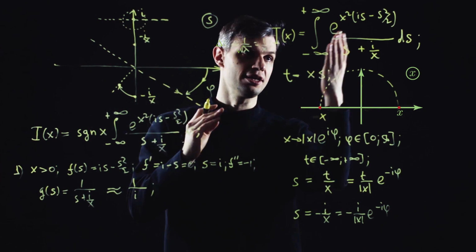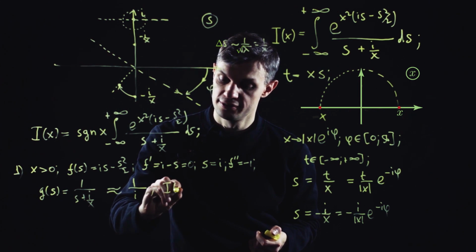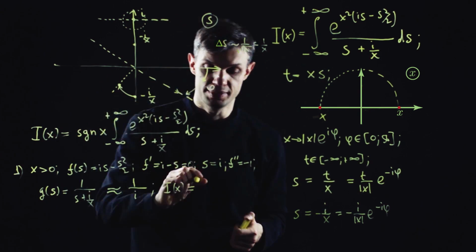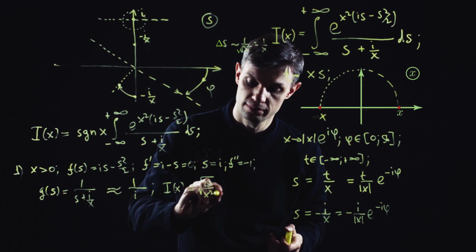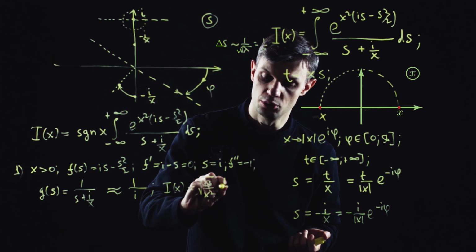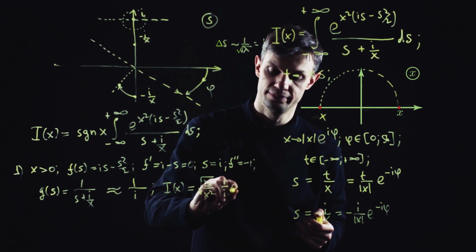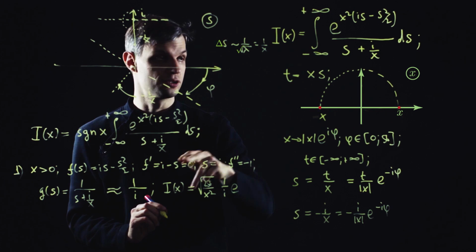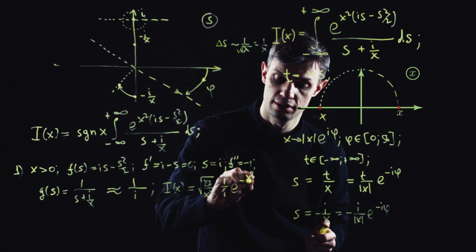And now the integral is again reduced to a standard Gaussian, and we can use the standard formula for the saddle point approximation, which is square root of 2 pi by lambda, and lambda is x squared, times the value of the pre-exponential function near the saddle, 1 over I, times the value of the function at the saddle: just plug in s is equal to I into the exponential, and you get minus x squared over 2.